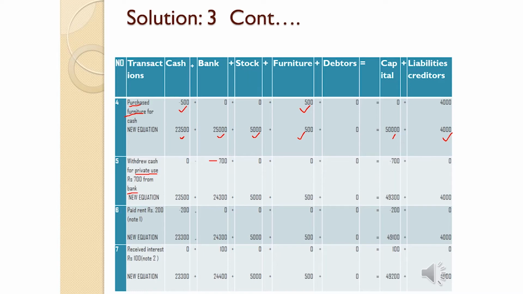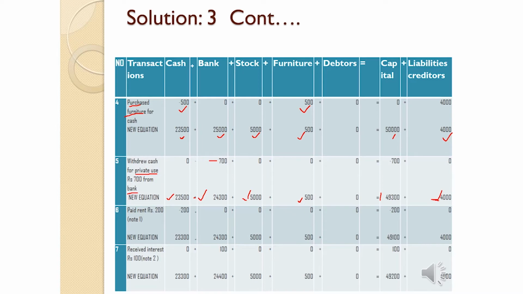Okay, so here cash value is 23,500, bank balance 24,300. Next stock value 5,000, furniture value rupees 500, then capital 49,300, creditors value 4,000.